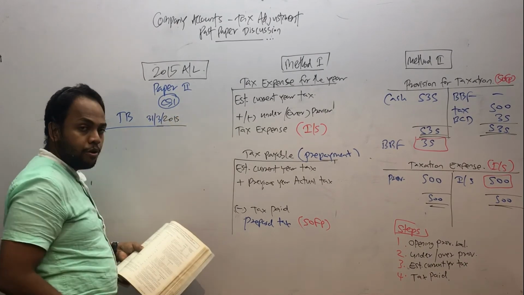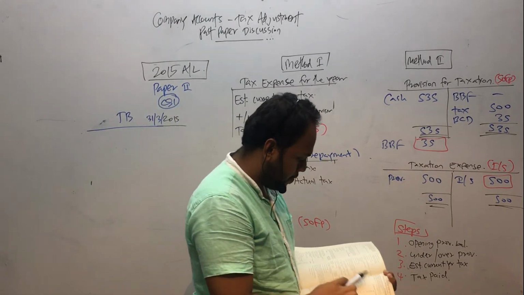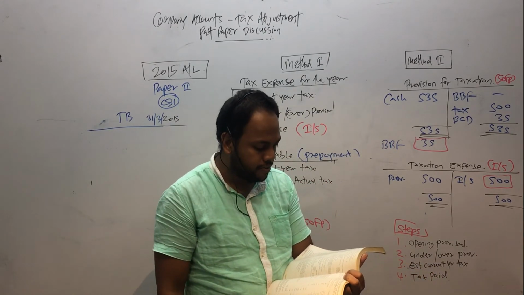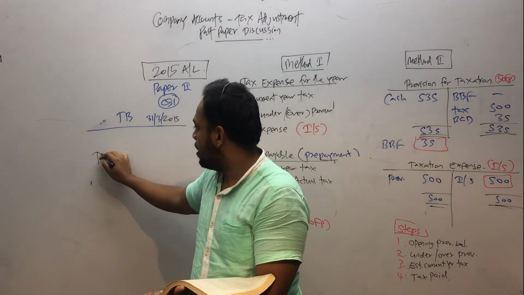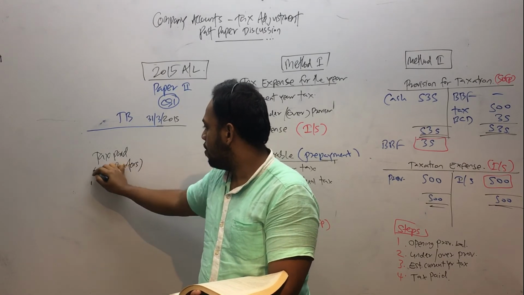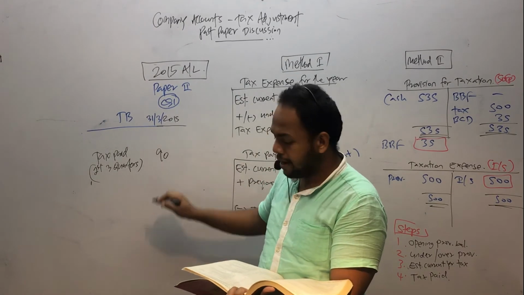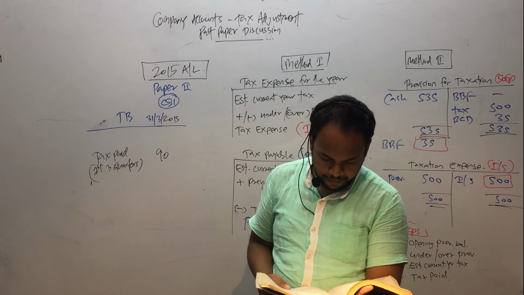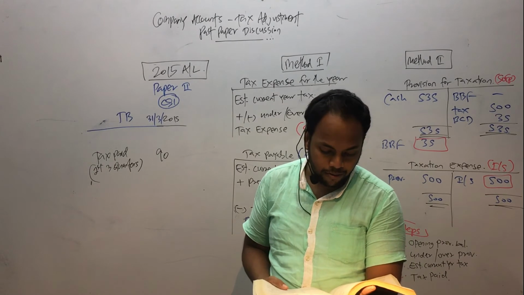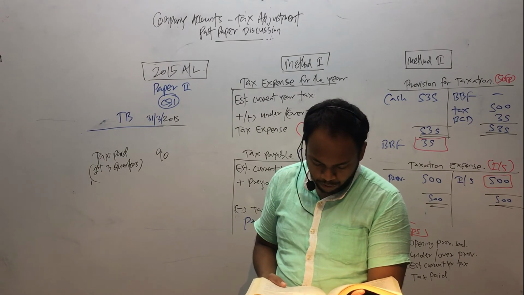What do you have in the trial balance? We have income tax paid for the first 3 quarters of the current year, 90. And there is no opening balance, right?